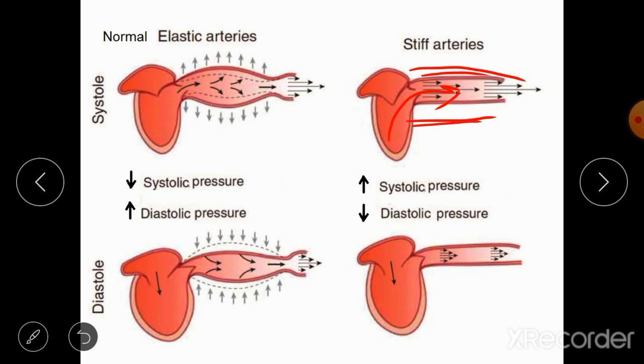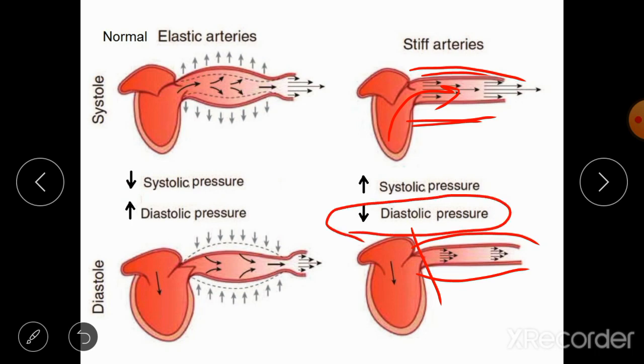Again, during the diastole, when the aortic valve is closed, since the stiffened aorta cannot recoil and push blood into the peripheral vessels, you will see a sharp decline in the diastolic blood pressure.